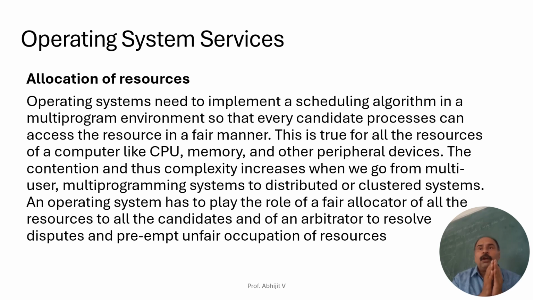Scheduling algorithms means allocating a particular time frame or particular resources based on a priority basis. This is called scheduling algorithm. This is one of the most important services that is being offered by the operating system.